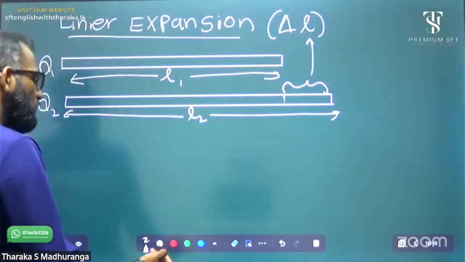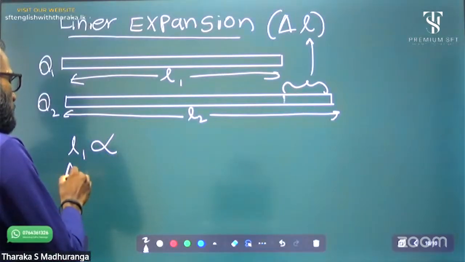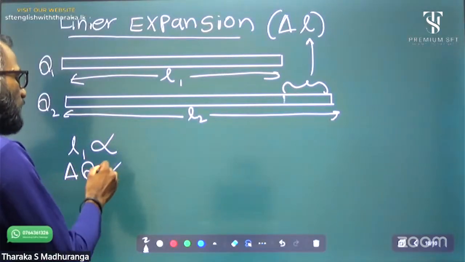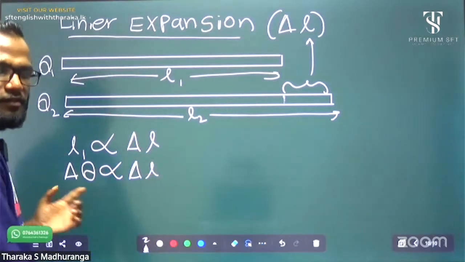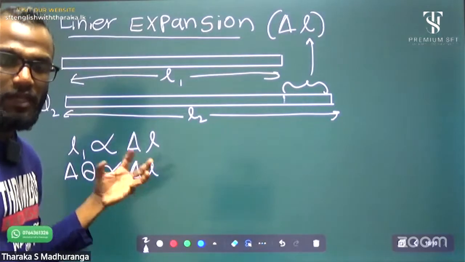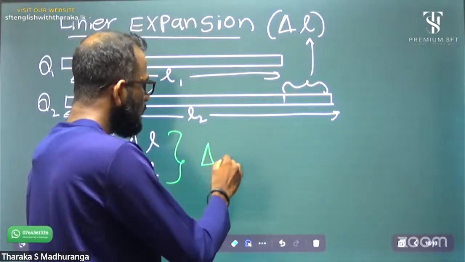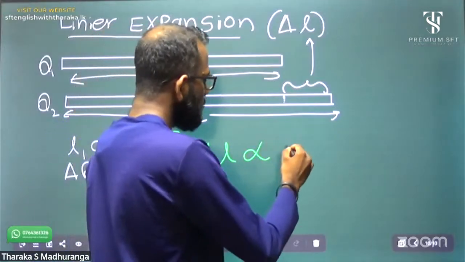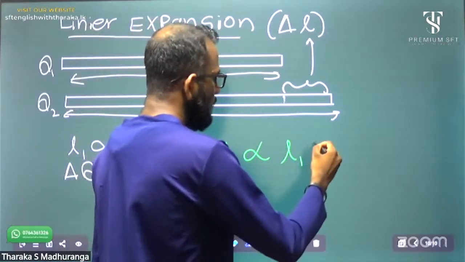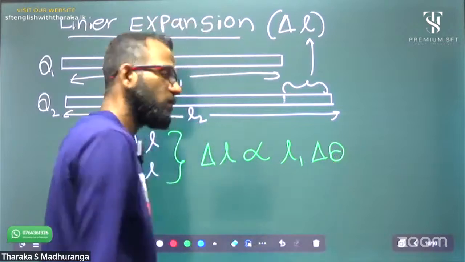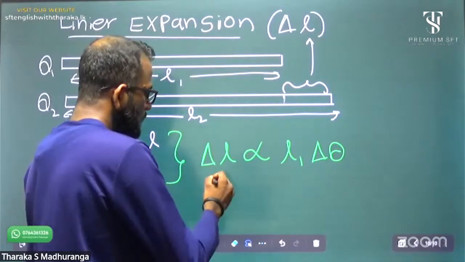Okay, I told you initial length L1 and temperature difference are both directly proportional to delta L. This is the base of the equation. According to that, I can write delta L directly proportional to L1 and delta theta. Then we have a specific equation.